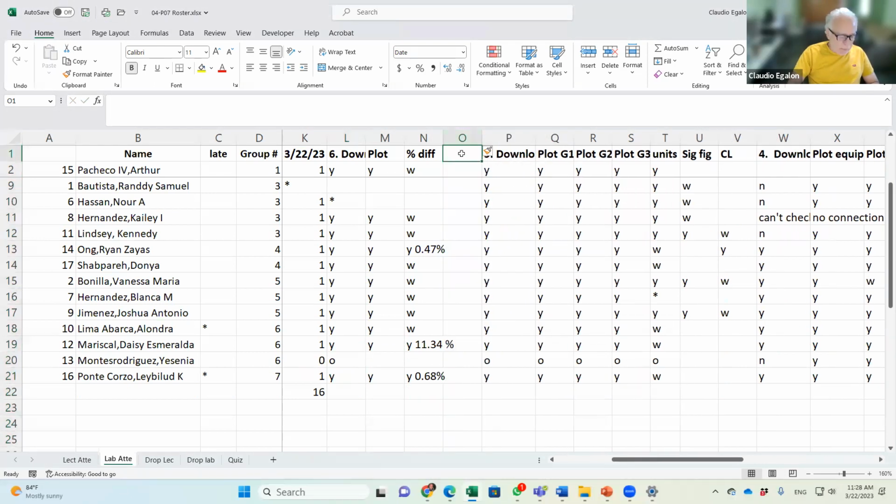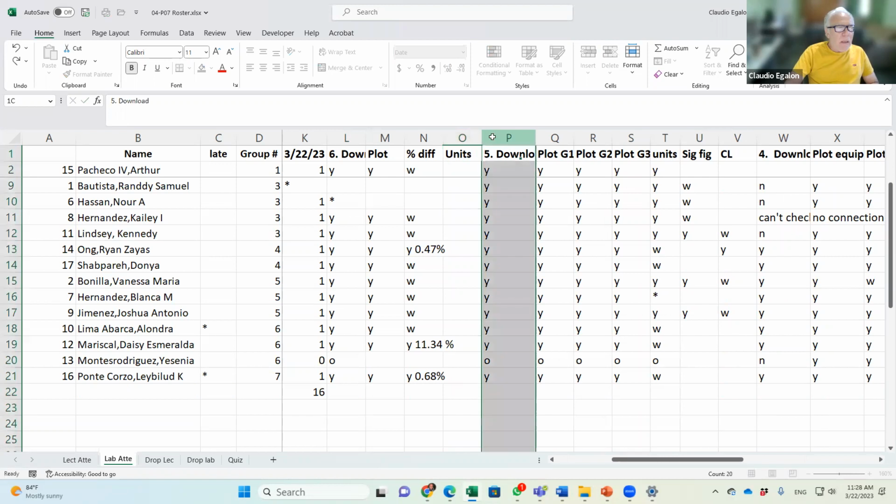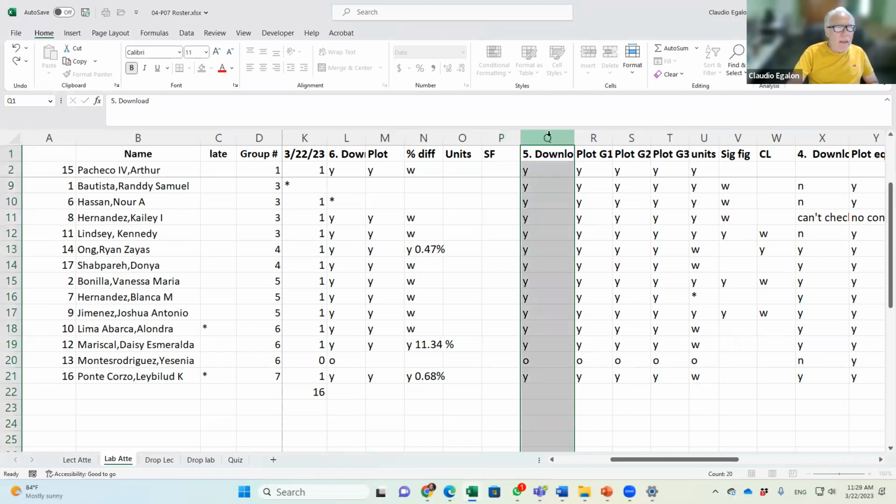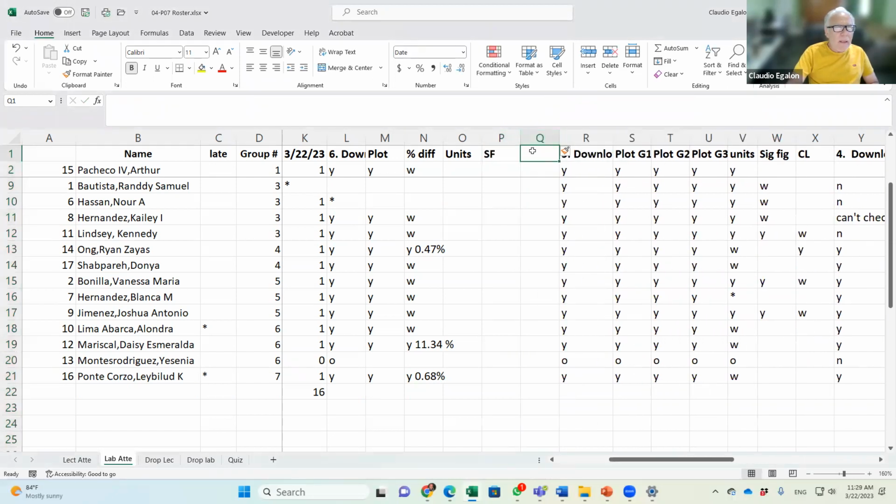So you need to work on the units, need to work on the sig figs, and need to work on CL, right? And everything else. The percentage difference, working on that now.